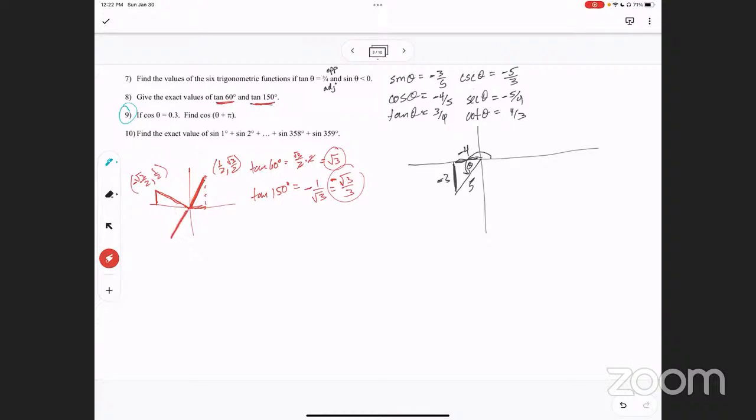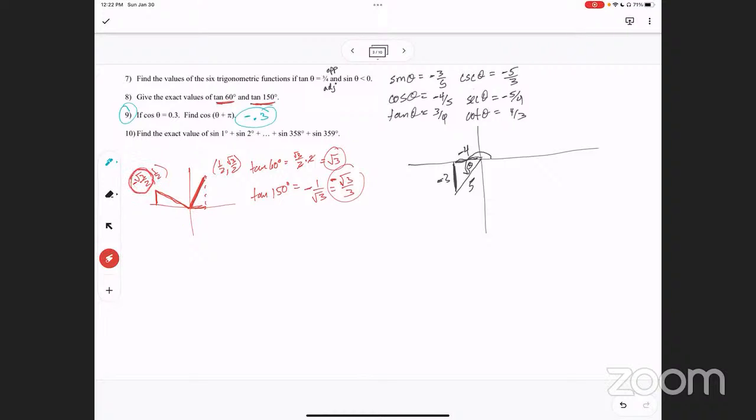It's going to be that same angle essentially, except because I went pi degrees, it's going to be the opposite of that, a negative. Does it make sense? So for this, all you really have to do is say -0.3. You understand why?